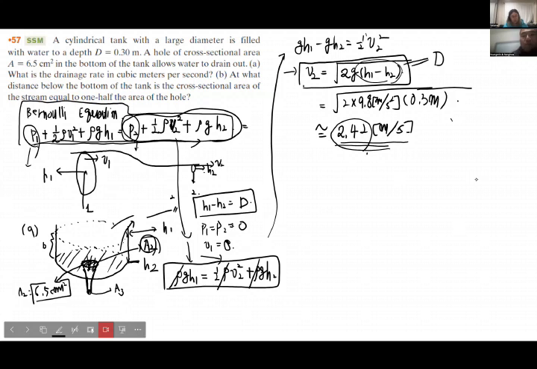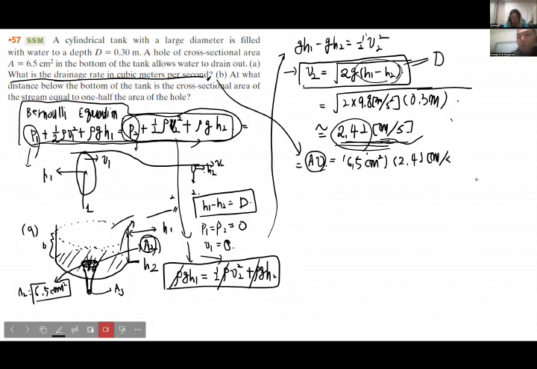Okay. So now the drainage rate in cubic meters per second is normally the cross-sectional area times the velocity. So you have to multiply the cross-section area of this drain hole by the velocity I just derived. So that is 6.5 square centimeter times 2.42 meter per second, but you have to convert this centimeter unit to the meter unit.